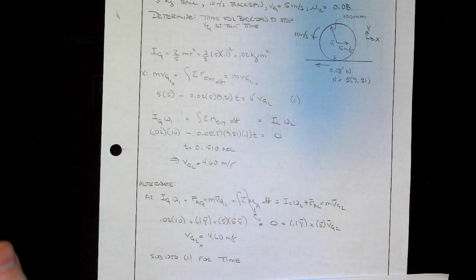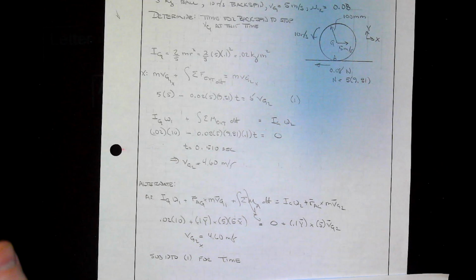Well, the reason you do it, if you take your momentum here, then relative to A, 0.08 newtons, there is no moment arm from the friction to A. That would eliminate all the moments. So we would actually have conservation of momentum. So let's look at what happens here. Initially we have IG times omega 1.